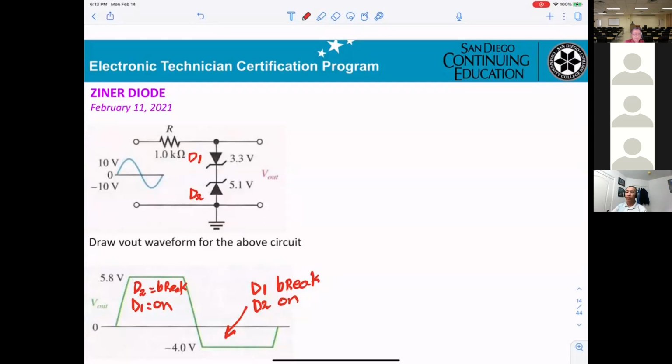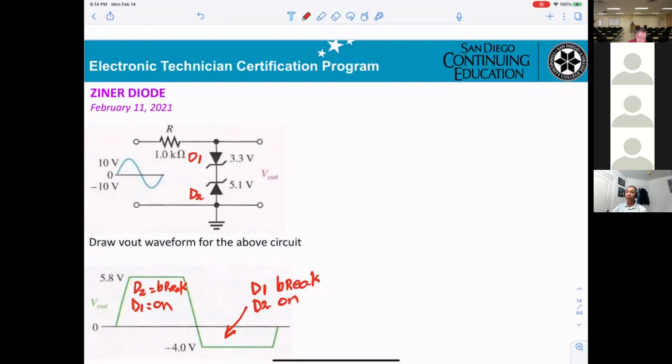PSPICE is more theory. It's not exactly what goes on when you're working on the real circuitry. So depending on the application, sometimes we need to use PSPICE, sometimes we can use MultiSim 7.